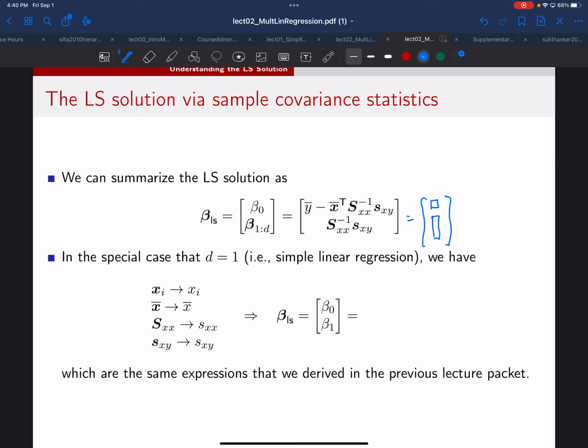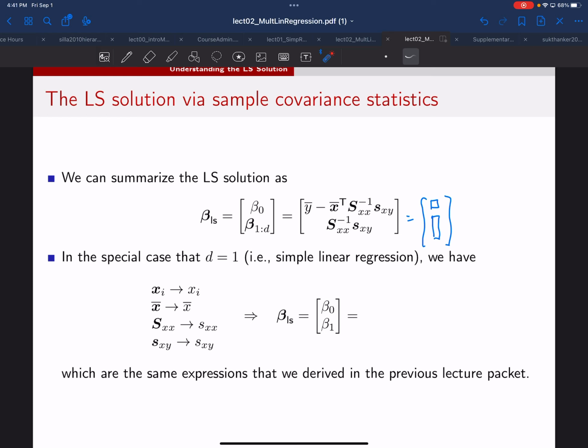Now, let's think back to what we did in Unit 1. In that case, we had a very similar problem, but it was a little simpler because xi was a scalar, non-bold. X bar was a scalar, again, non-bold. This matrix autocovariance was just a variance, and this vector cross covariance was just a scalar covariance.